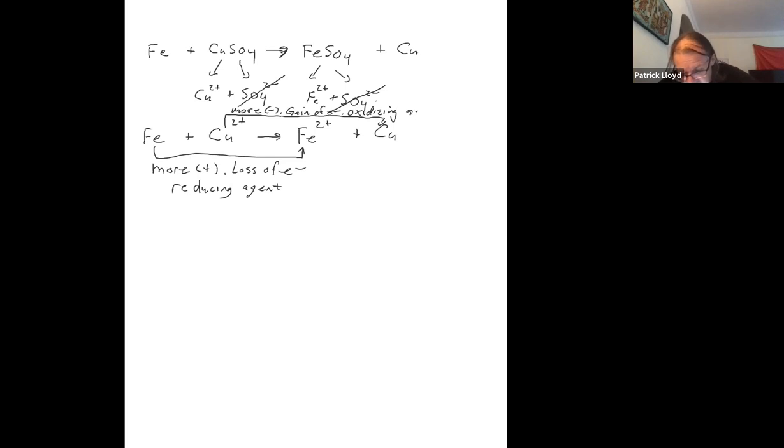And this is actually the basis of a battery: essentially one metal has a higher attraction for electrons than another metal. For example, lithium has the lowest affinity for electrons of any metal in the periodic table.